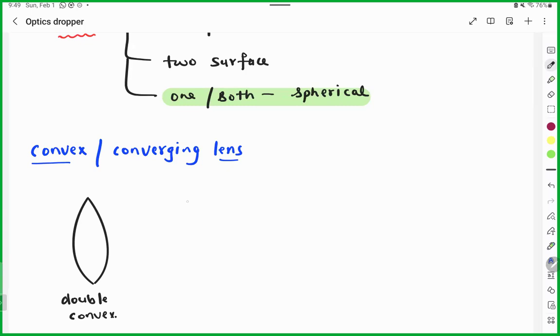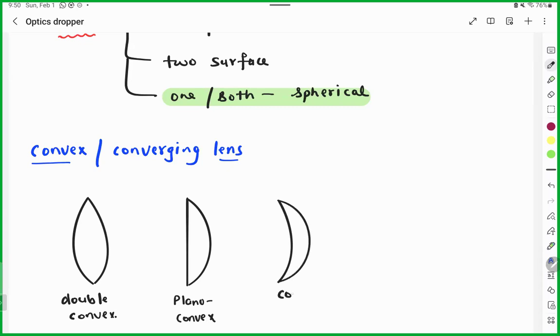Then plano convex, and if you take this, it is the concavo convex. These are the three popular convex lenses. A convex lens is a converging lens because light will aggregate at a point. Light will settle at a point.